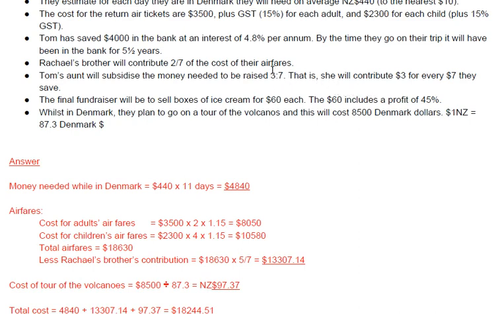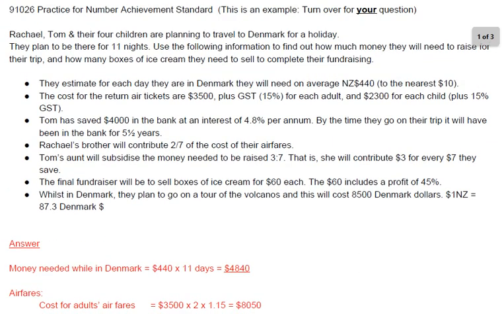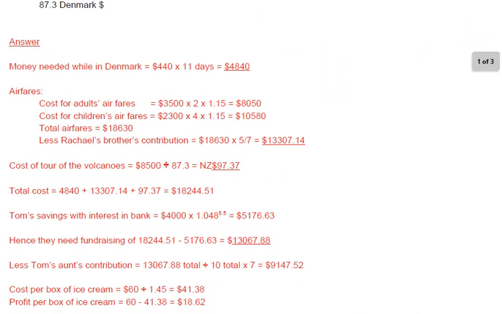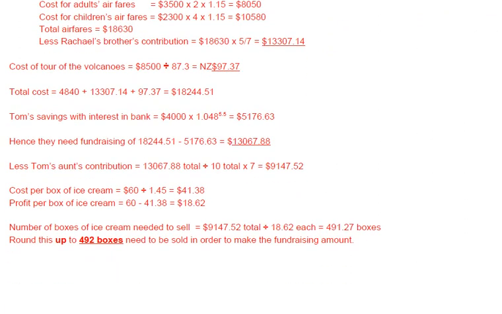The shaded amount is the amount that Tom's aunt is going to pay, which is 3 out of 10, 3 tenths. So 7 tenths is the amount that the couple need to have of their own. The rest of it will be given by the aunt. So we'll just take 7 tenths of the amount that we've got there, and that will give us how much they need to save.